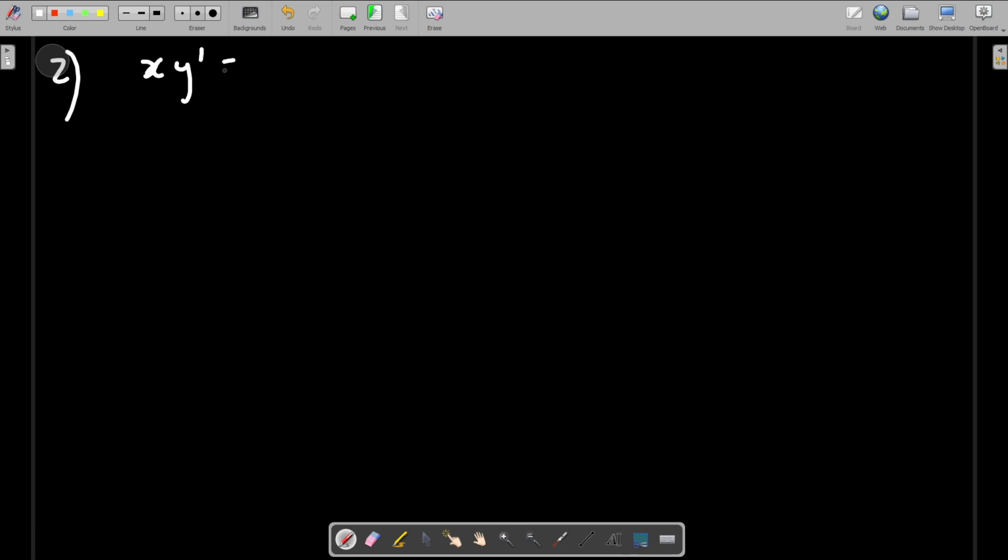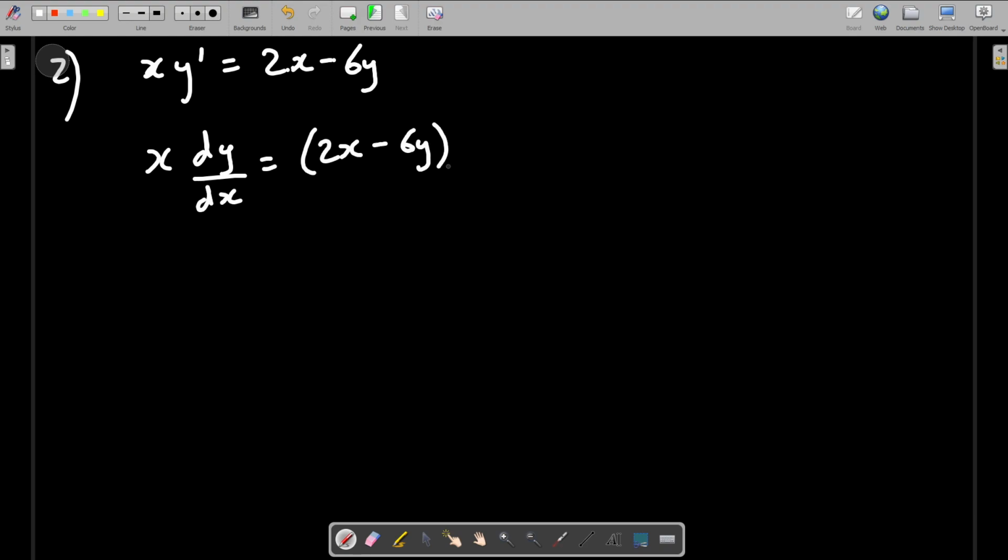xy prime is equal to 2x minus 6y. Okay, so this is going to be x dy by dx. So 2x minus 6y. This can be written as x dy minus 2x minus 6y dx equal to 0.